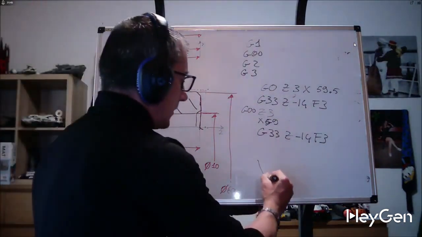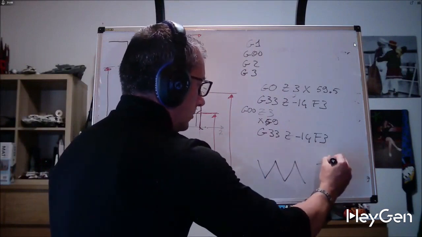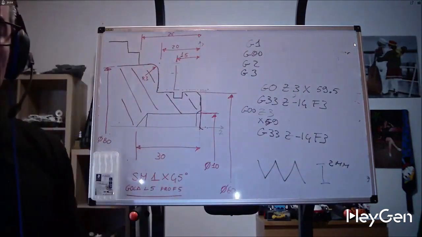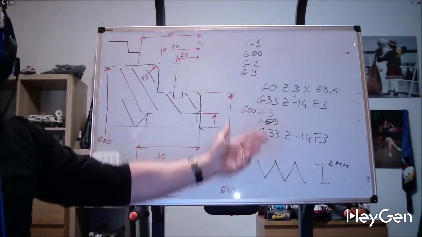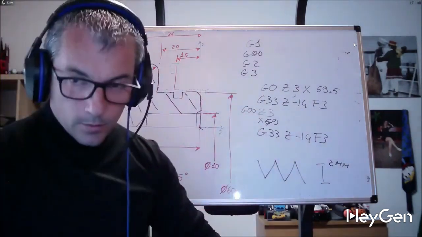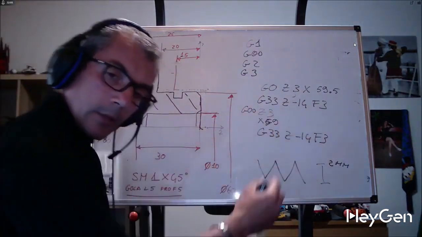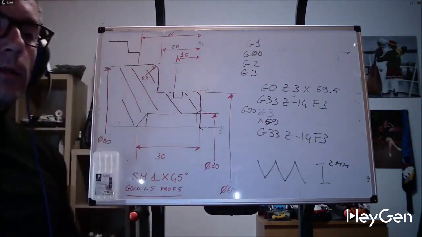For example, the thread is too deep. We want to make passes at a depth of 0.2, so we need to use G33 10 times. This is why G33, every time you repeat it, resumes the thread.